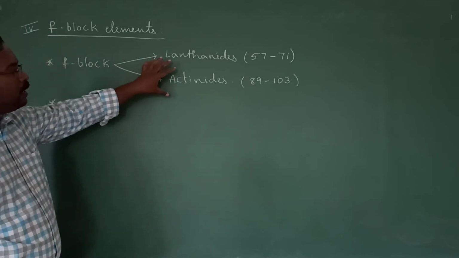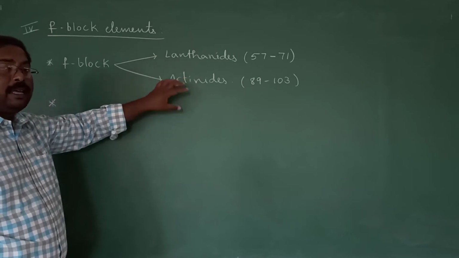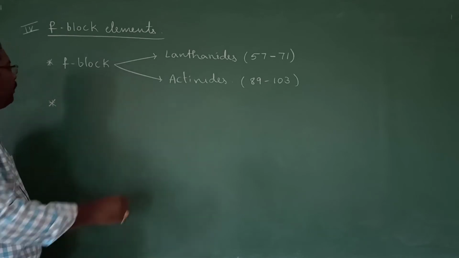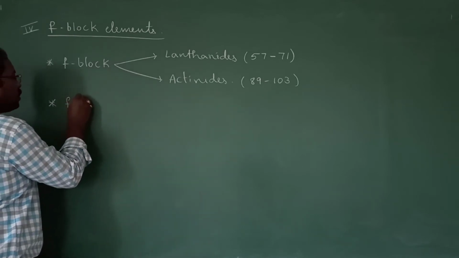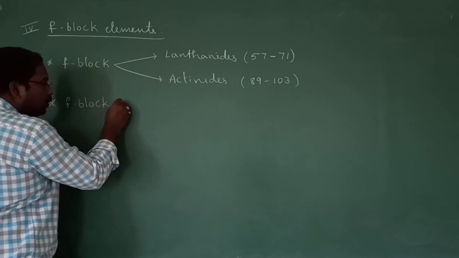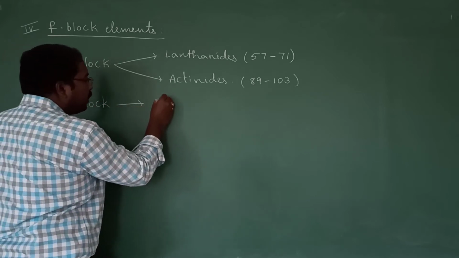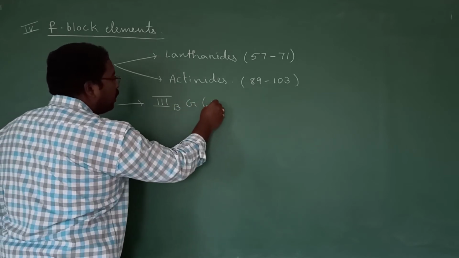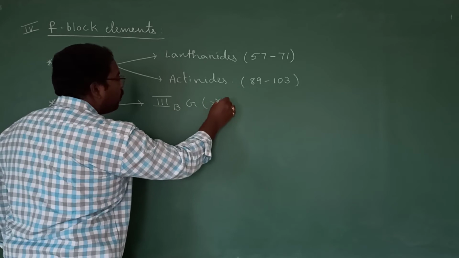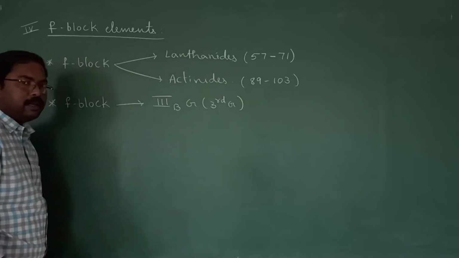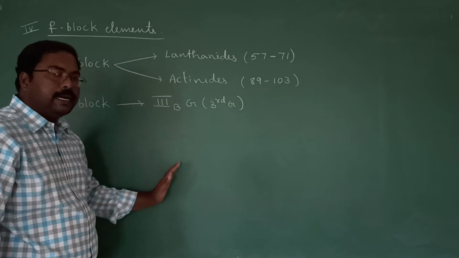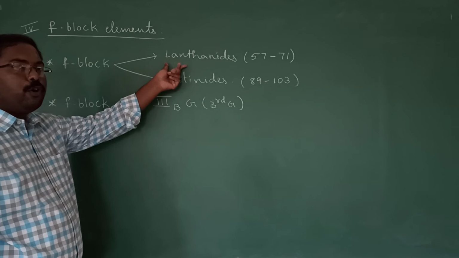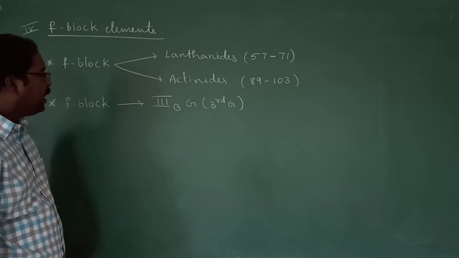Actually, these lanthanides and actinides are present in third B group. Third B group means the third group in the periodic table: first, second, third. So on the left side, the third group is the location of both lanthanides as well as actinides.